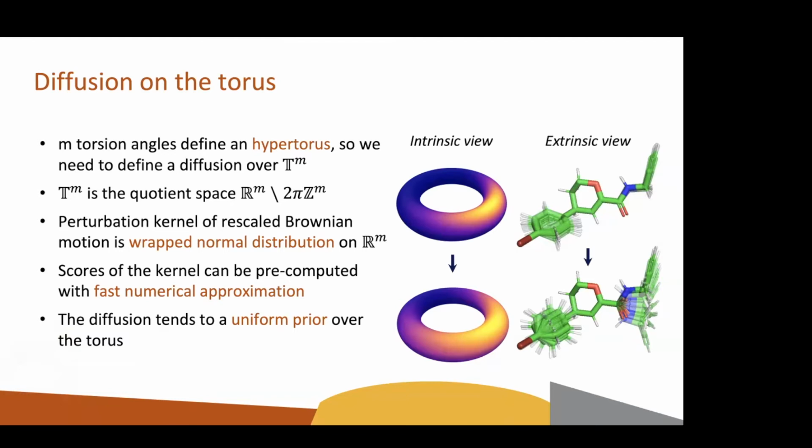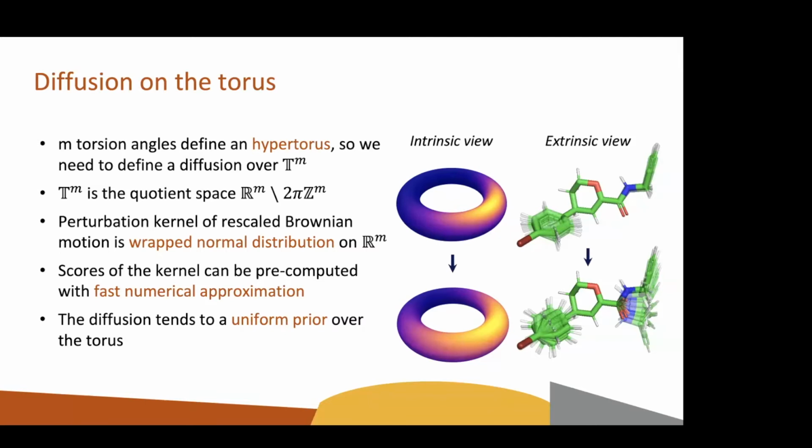Well, in the score-based diffusion modeling framework of Yang Song et al., which was also extended to general compact manifolds by De Bortoli et al., all we need in order to define a diffusion model on the torus is a way of sampling from the heat kernel on the torus and a way of calculating the score of the heat kernel.